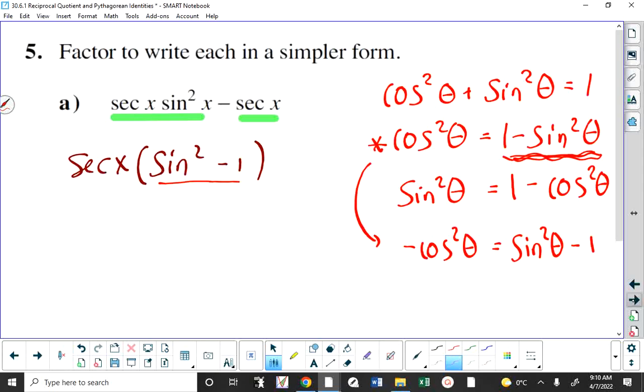It's sine squared minus 1, which means that it is negative cosine squared of theta, or of x. And I've made a horrible mistake here by not having my x here. Okay. Does that make sense?